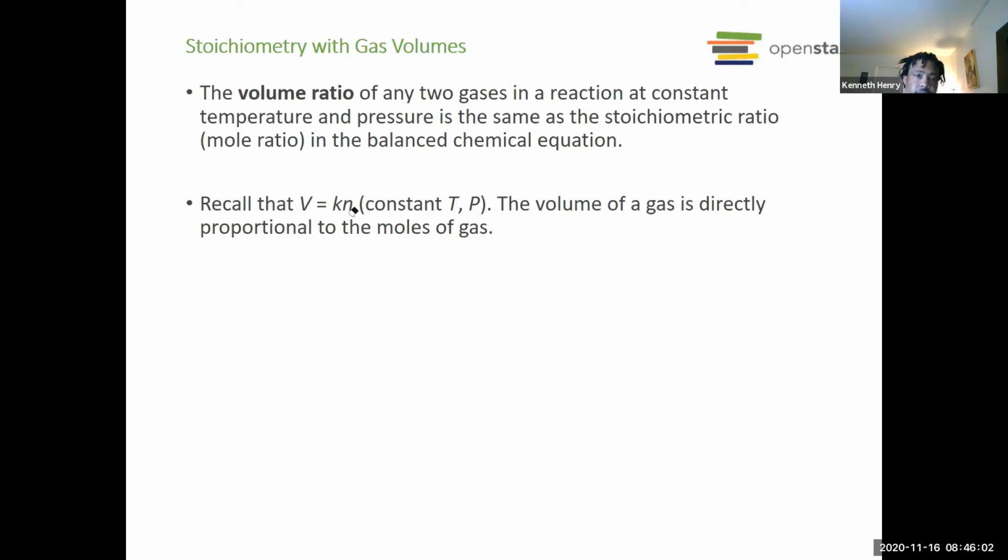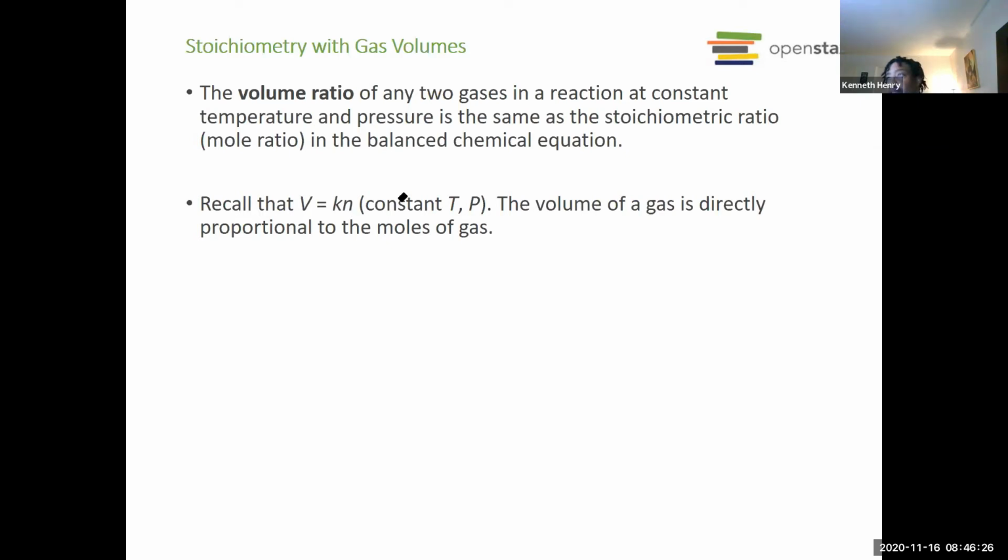Under those circumstances, they're directly proportional. So if we have the number of moles, we can easily calculate the volume, and we know that it's going to increase proportionally.